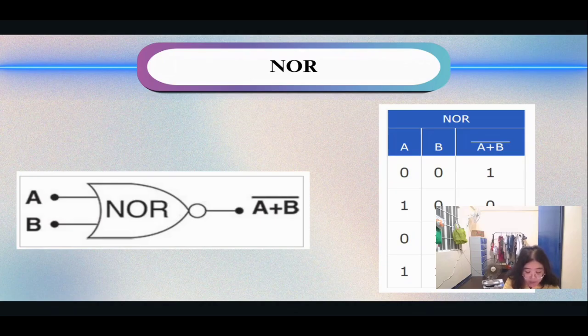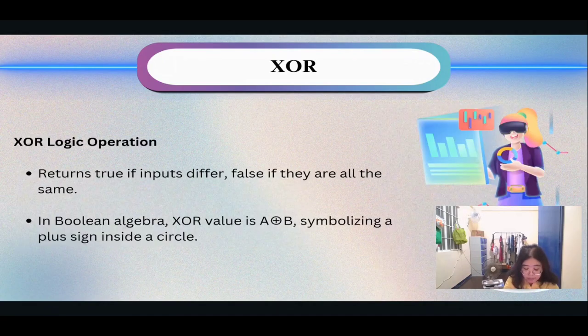Since 1 plus 1 is 1, the NOT of 1 is the negation of 1, which is 0, so the output is 0. To summarize, the NOR operation only gives the true, 1, output when both inputs are false, 0. For all other input combinations, the output is false, 0.